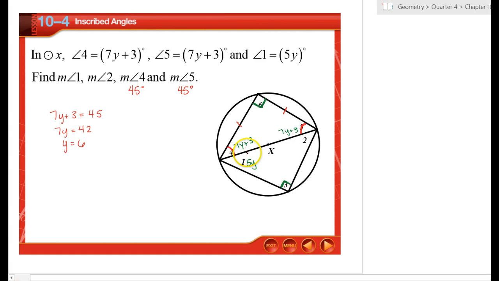Well, measurement of angle 1 is 5y. So 5 times 6 is 30. Measurement of angle 2 then. You can realize it's a 30, 60, 90 triangle. Or do 180 equals 90 plus 30 plus x for angle 2. And you'll get 60.